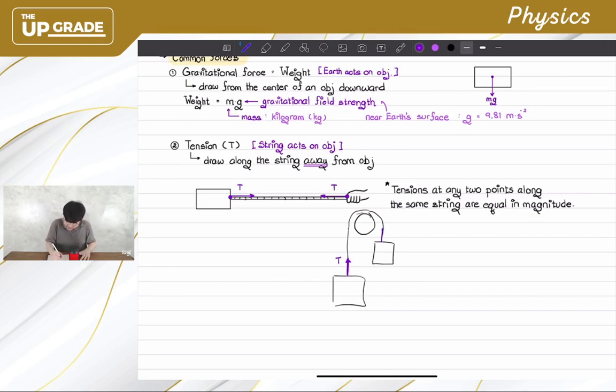The other end of the string, there is another tension right there. Now, of course, these two tensions would be equal in magnitude, but you see the direction is the same. So there is no set rule for the relationship of these two tensions, but magnitude-wise they would be the same. But in terms of direction, it's always acting along the string away from object.